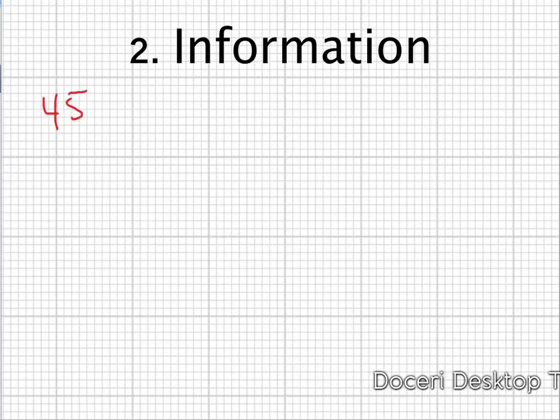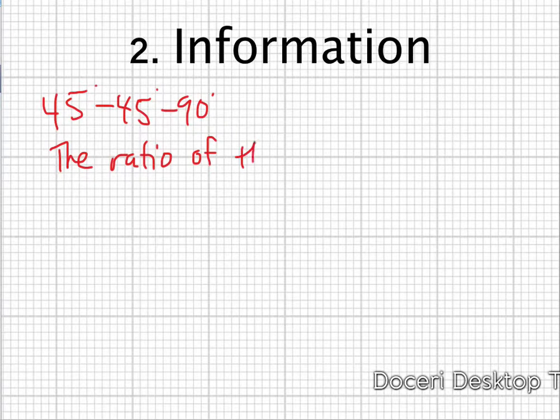So for a 45, 45, 90 right triangle, the theorem states the ratio of the sides are going to be x to x to x square root of 2. Okay?